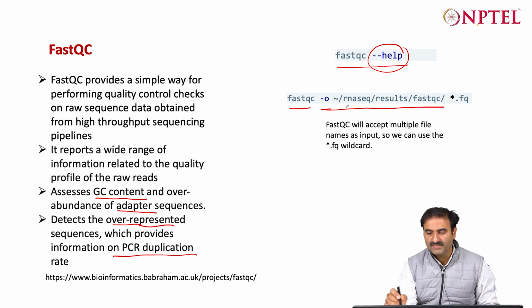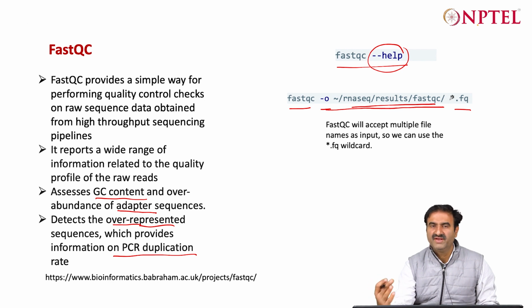I am also giving the complete path here, and then the list of files, star.fq, the basic FastQ format which you get from Illumina. Star means that all the files in that directory will be used together, so you don't have to specify each and every file; you can just say star.fq, and all the files in that folder with the suffix .fq will be processed by FastQC.